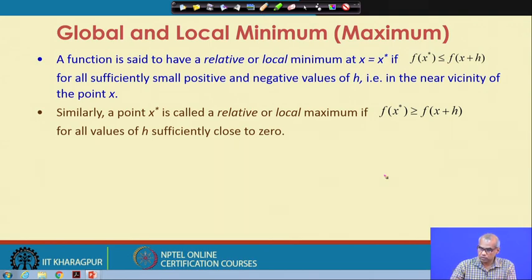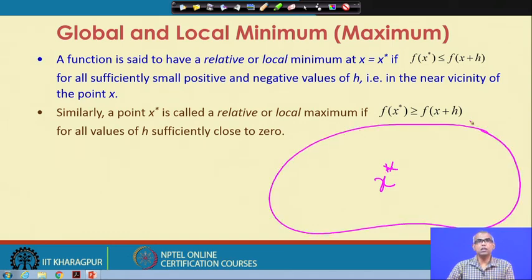So, if I take a point x star in the domain over which, let us say, the function f x is defined.